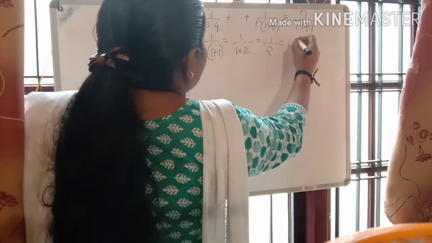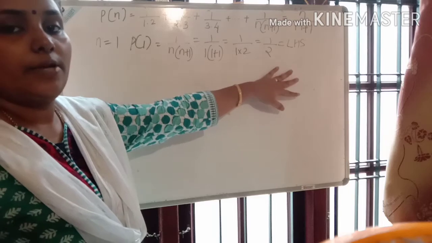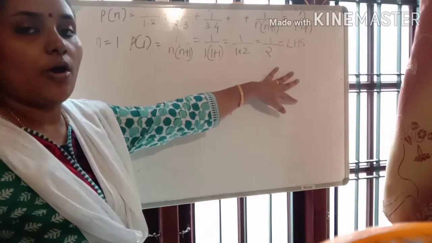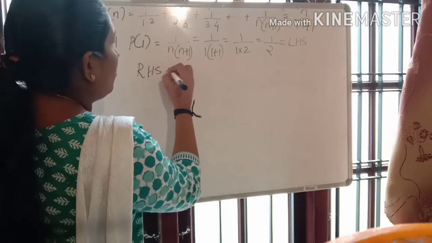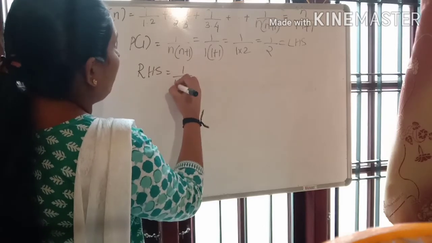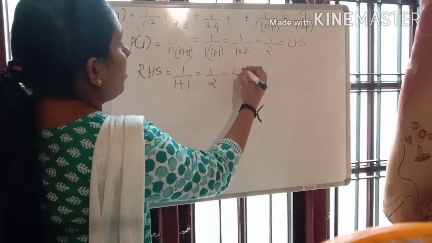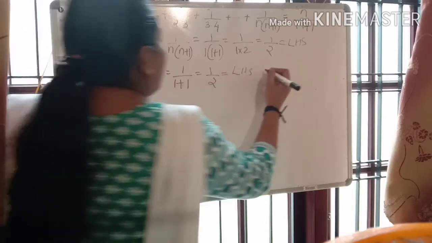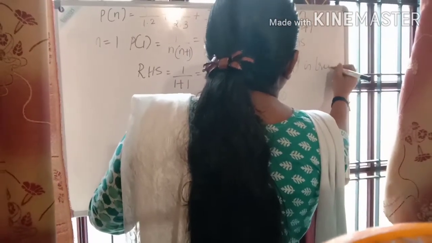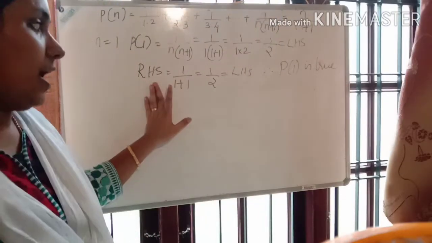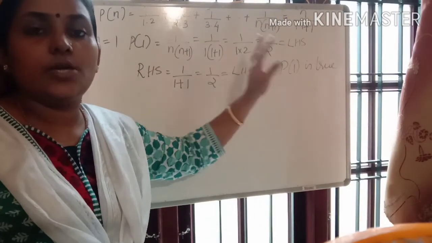This is the LHS of this equation. Whether it will be equal to RHS or not, let's see. RHS is equal to 1 by 1 plus 1, that is 1 by 2. So, this is equal to LHS. Therefore, P of 1 is true.